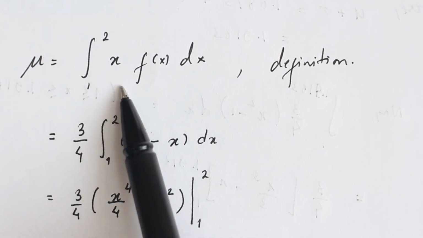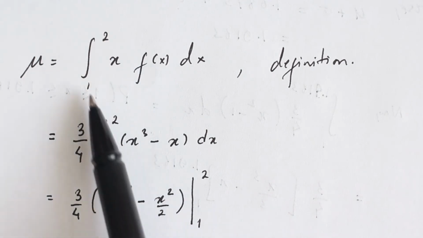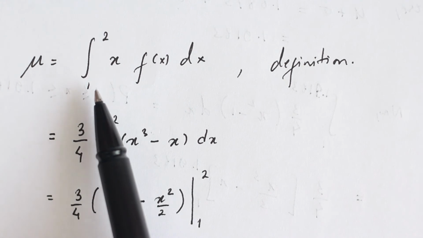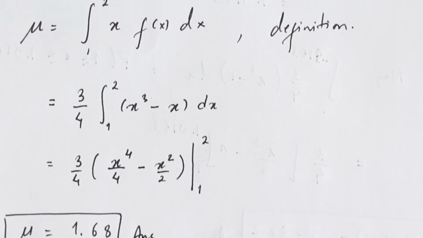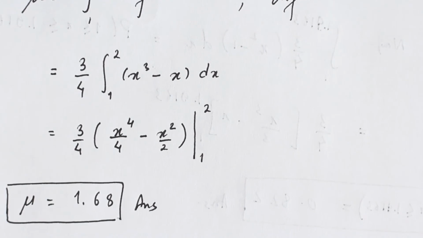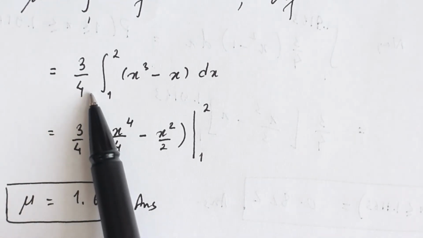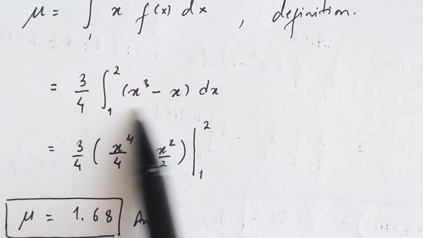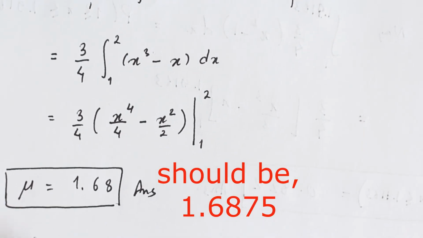Because the function is only valid from 1 to 2, the limits of the integral are 1 and 2. After this, it's straightforward integration. You put in the values of f(x), and upon integrating, you get mu is 1.68.